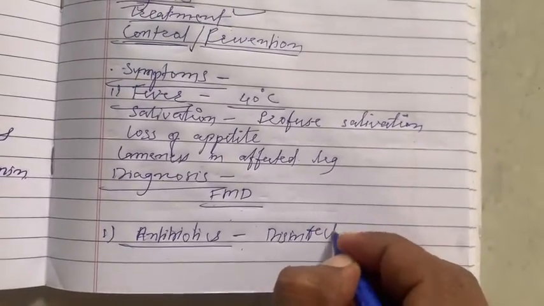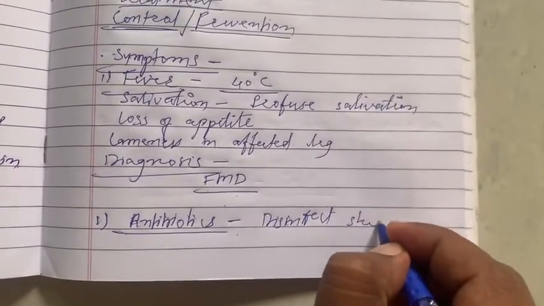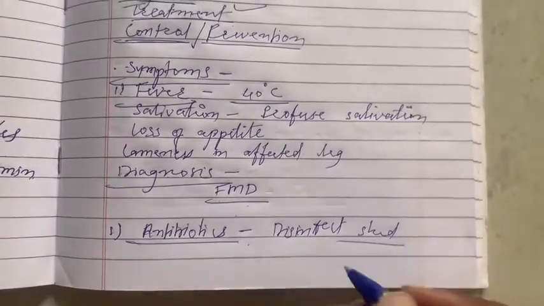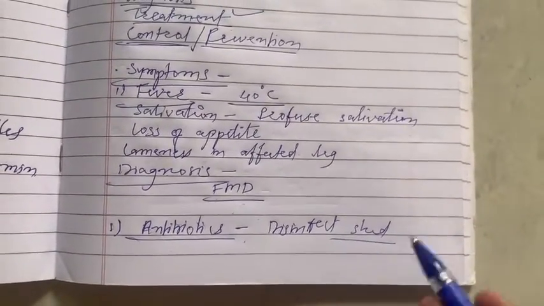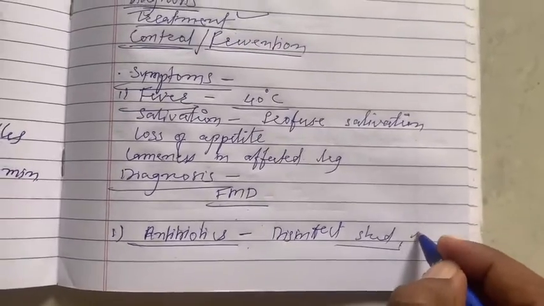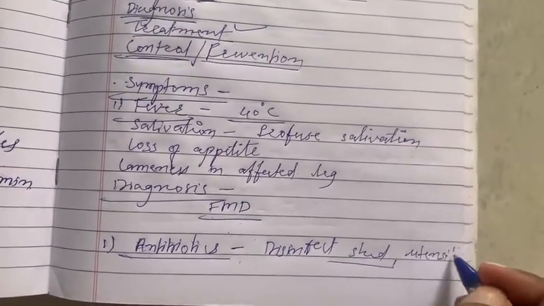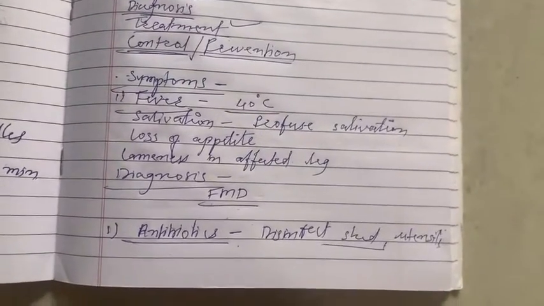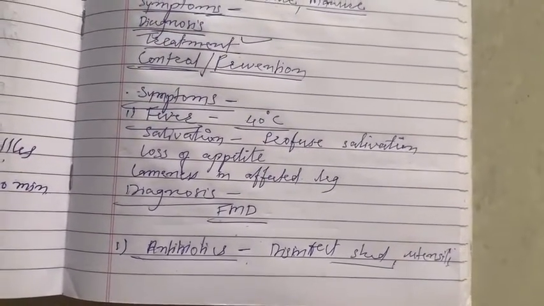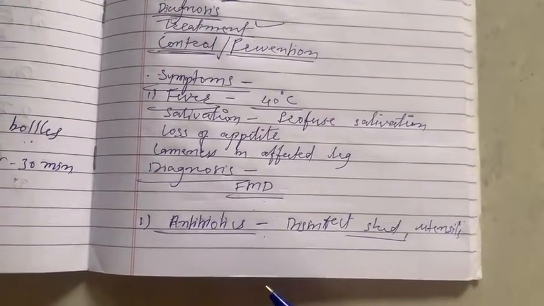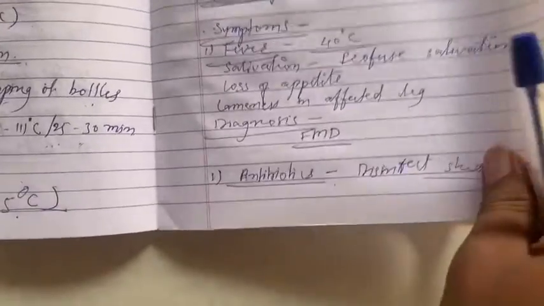This is the first preventive measure. We have to disinfect the utensils which we use to feed or water the animals. We also have to disinfect the clothes of attendants. So these are the prevention measures.